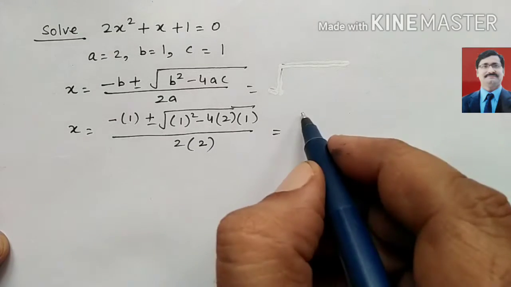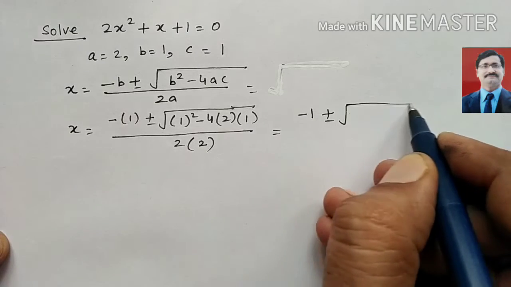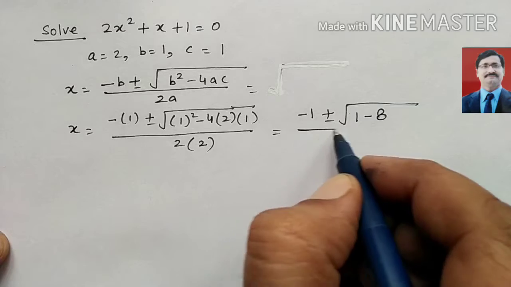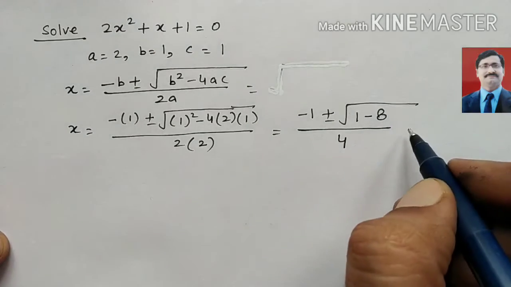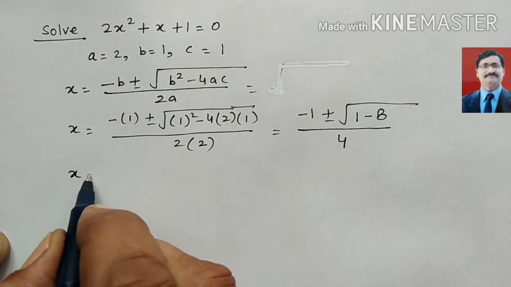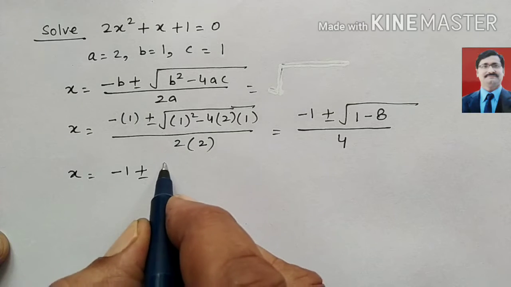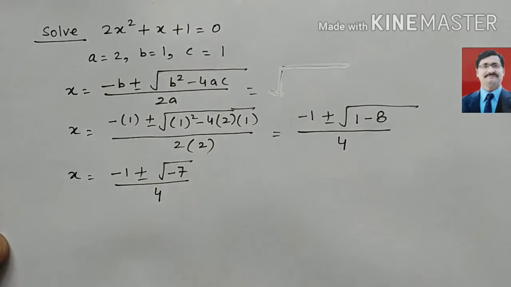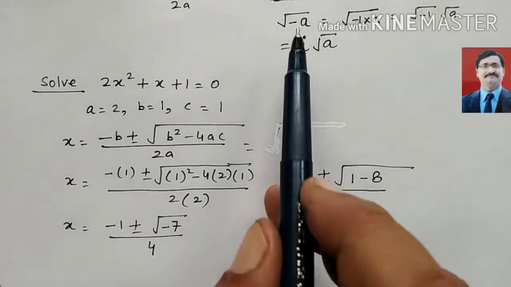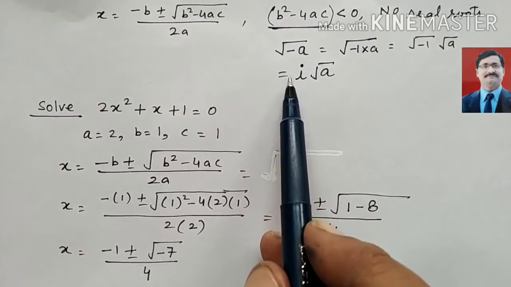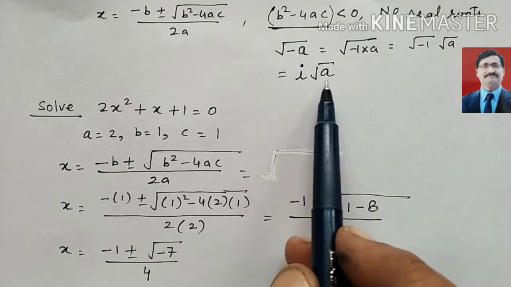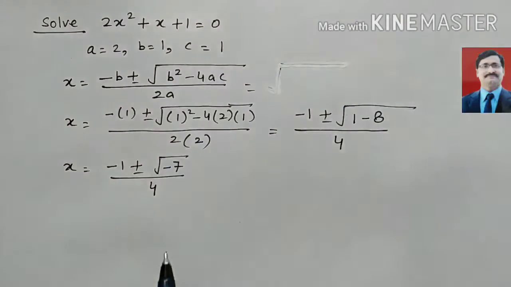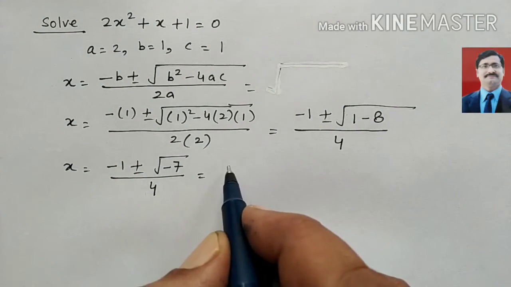So look here, you get minus 1 plus minus root of 1 square, which is 1, and 4 times 2 is 8, so 1 minus 8, upon 2 times 2, which is 4. You can write this as x equal to minus 1 plus minus root of minus 7 upon 4, and I already explained that root of minus a you can write as iota root a. So here you write the minus as iota.